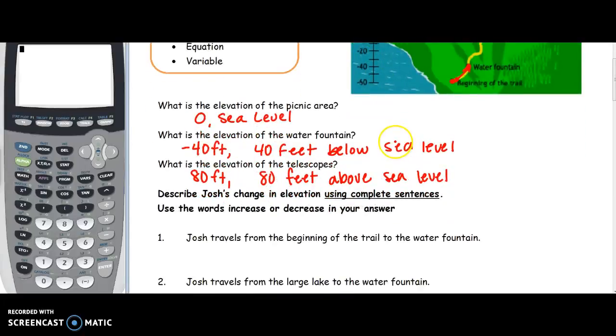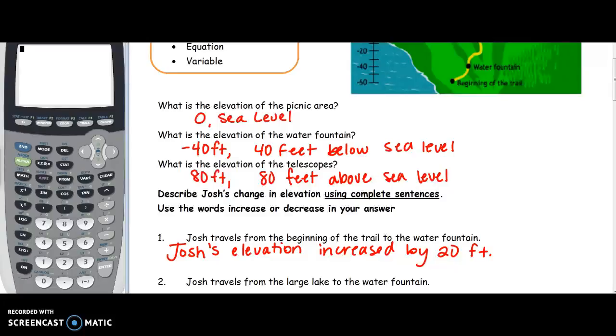So he went up 20 feet. So in complete sentences, we would say Josh's elevation increased by 20 feet. Okay, it increased by 20 feet.